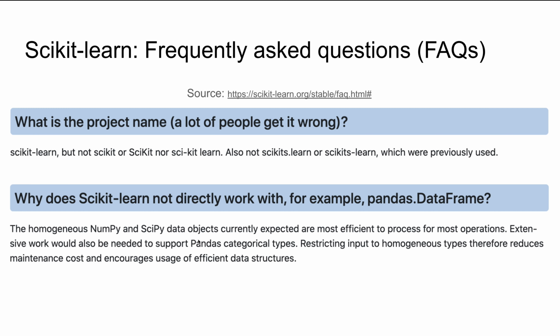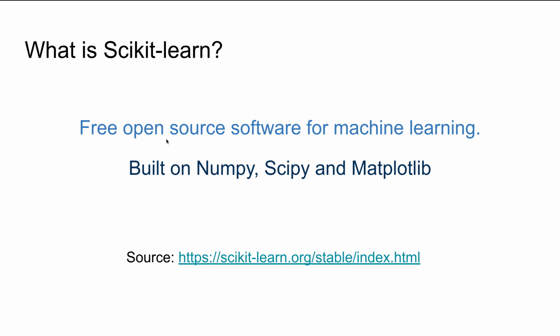Moving on, now let's look at what Scikit-learn is. Scikit-learn is open source software, as you probably already know, for machine learning, and it's built on NumPy, SciPy, and Matplotlib. From the beginner series, you'll remember that we have talked a lot about arrays, and that's going to be really important here when we are working with scikit-learn, or any machine learning algorithm for that matter.